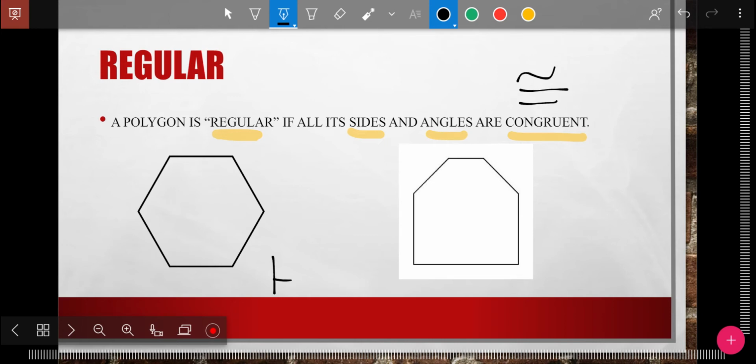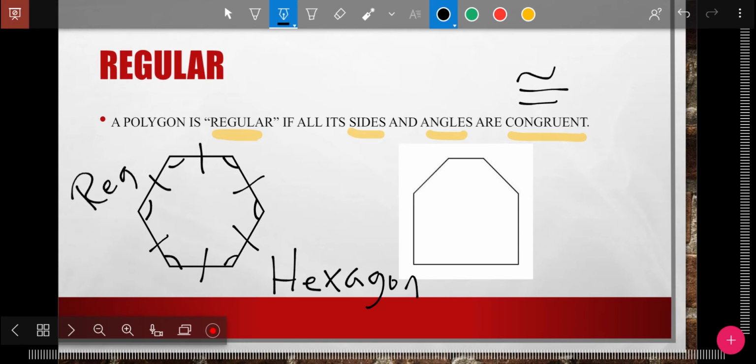So both of these shapes in the picture on the left and the picture on the right are hexagons. If I mark this one on the left, so all 6 sides are equal, and then I also mark these little marks that mean the angles are congruent, so I have sides and angles congruent, that makes this one on the left regular.